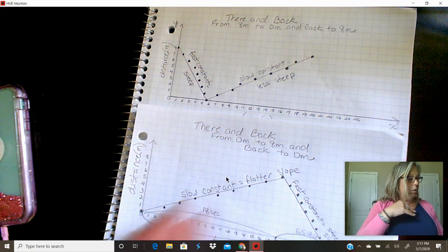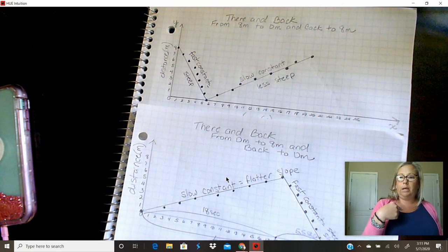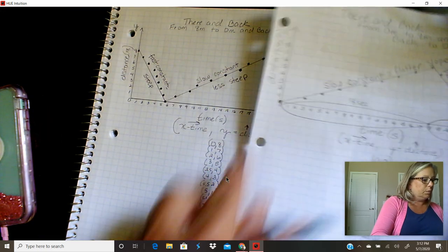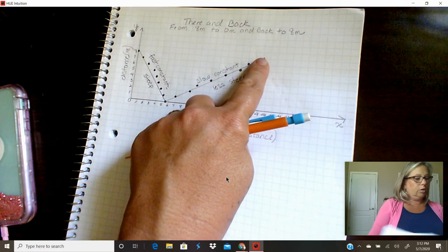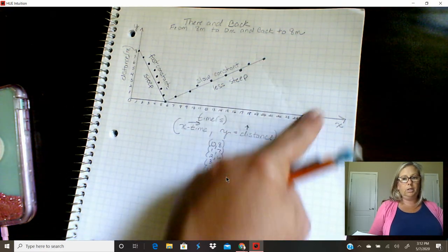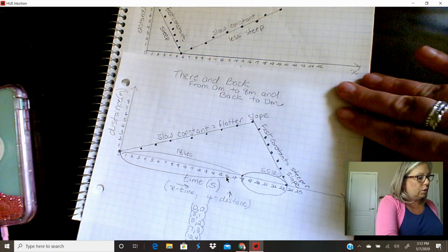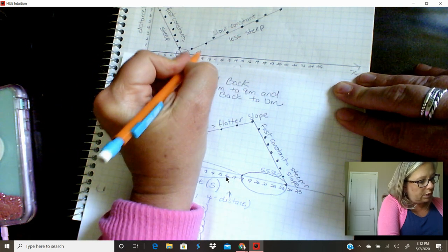So this could look like this, but what you're really seeing is someone move away and back, away and back, away and back, just like Nick did. In fact, we could even hook these ones up, but no, because I did them backwards. But you could have another part that goes back and then just keep on going. And it would just look kind of like a very pointy roller coaster.